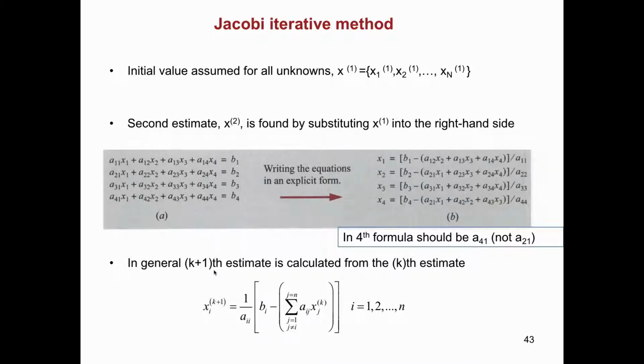So I'm going from j equal to 1 to n, except when j is equal to i, of aij xj. I'm avoiding that aii term here. Then I say bi minus this sum, and divide it all by aii. I have to do that for every i, and I'm going to loop around.